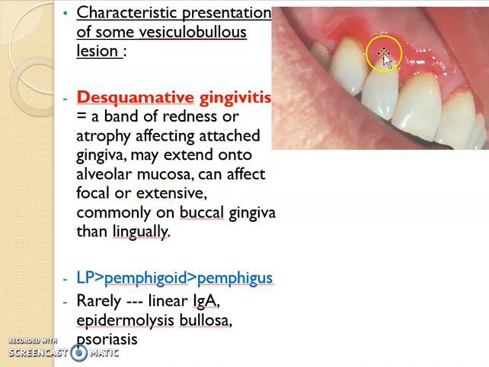In this case, it is focal. Commonly on the buccal gingiva, then lingually. Mostly seen in lichen planus, and then pemphigoid and pemphigus. Rarely seen in linear IgA disease, epidermolysis bullosa, and psoriasis.